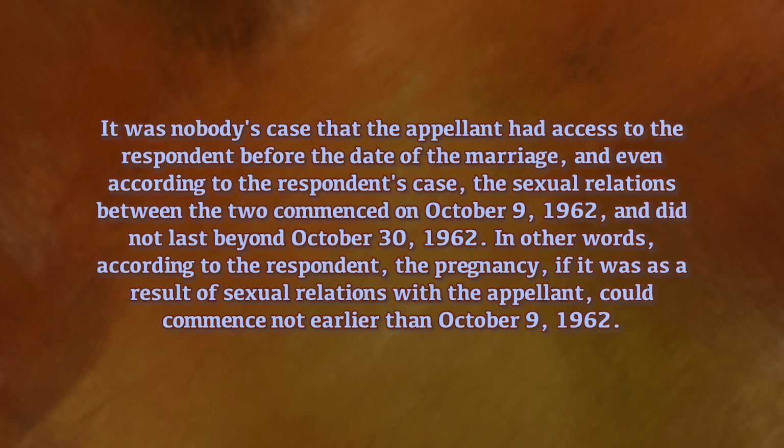In other words, according to the respondent, the pregnancy, if it was as a result of sexual relations with the appellant, could commence not earlier than October 9, 1962. The decree passed by the division bench of the High Court was set aside, and that passed by the trial court in favor of the husband was restored.